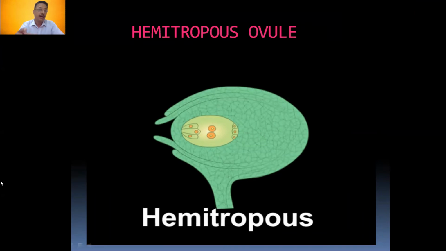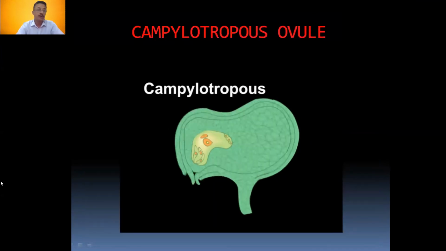In hemitropous, the embryo sac is in the center. Campylotropous is more bent than the hemitropous, and the embryo sac comes near to the micropyle.